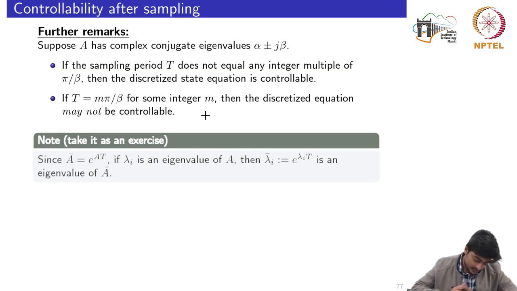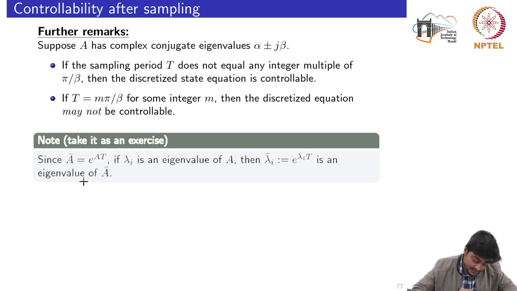So we can see the implication of the second point more precisely. First of all, note that since A bar, the discrete time state matrix, is equal to e to the power A t, where A is the continuous time matrix and t is the sample time, if lambda i is an eigenvalue of A, then lambda i bar, which is equal to e to the power lambda i t, is an eigenvalue of A bar.